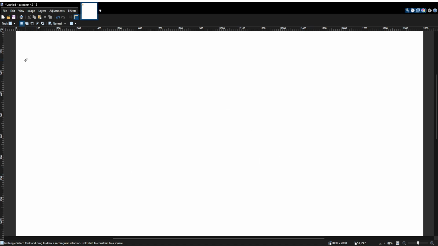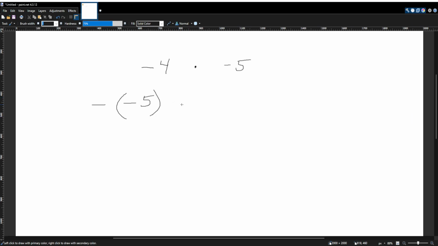So what about if I took negative 4 and I multiplied this times negative 5, right? If I'm multiplying times negative 5, then I want to negatively add negative 5 4 times.